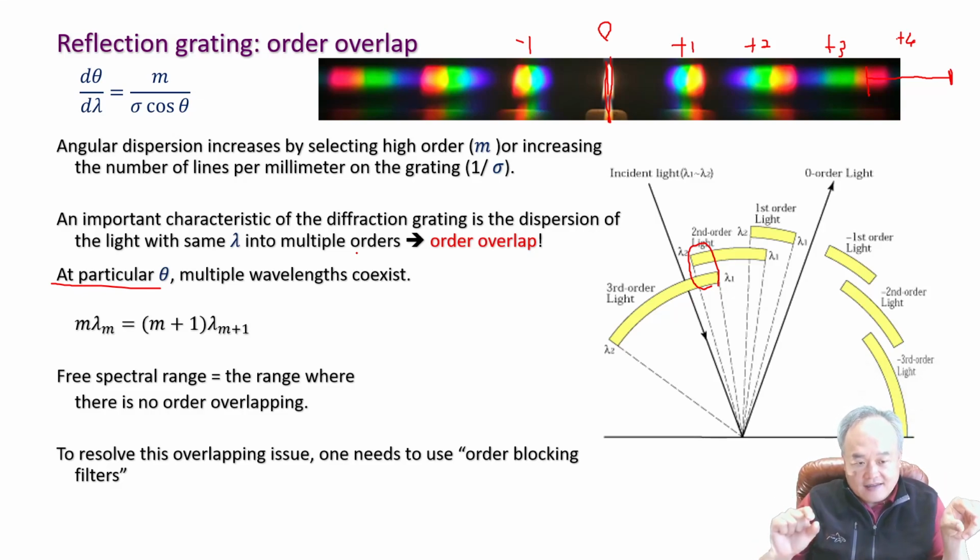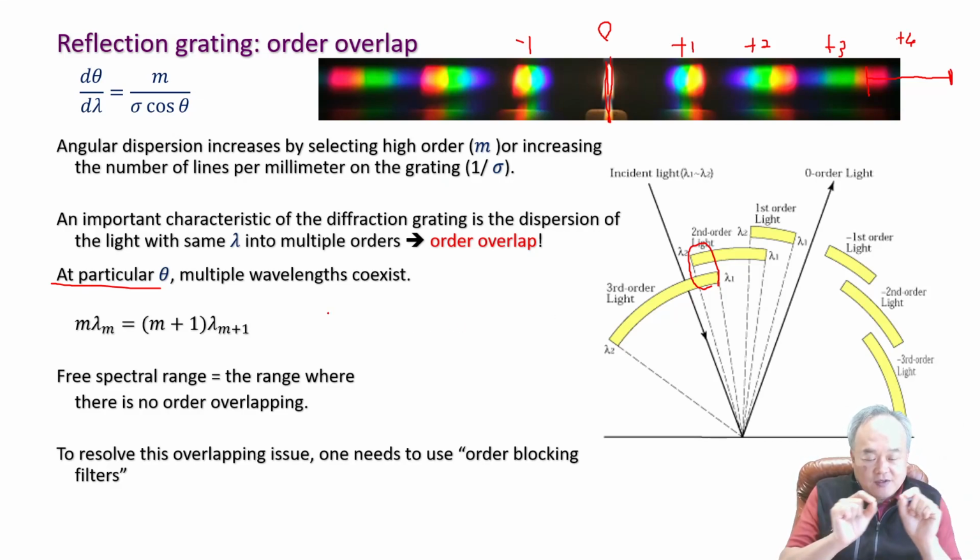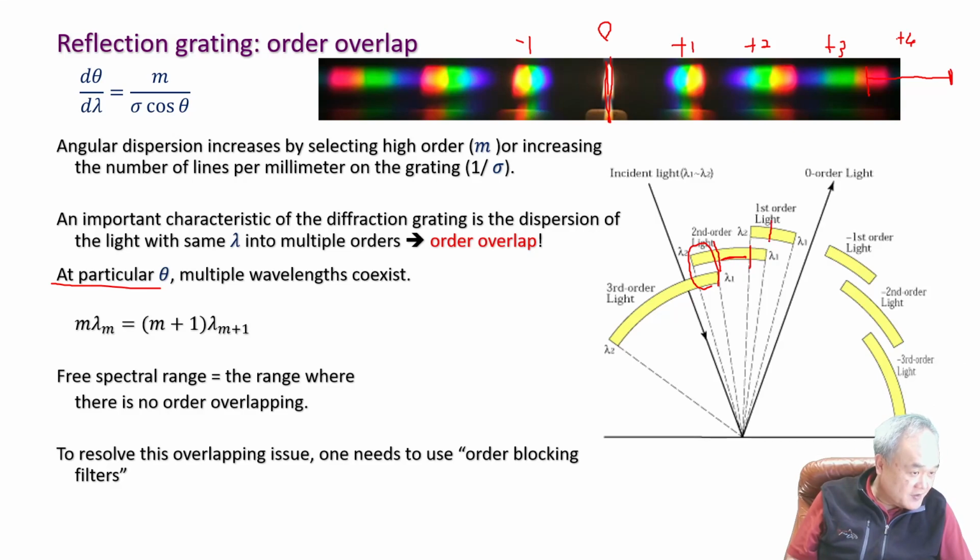So different wavelengths of light actually coexist at the same angle, meaning that different light coexists. The spectral range that is free of any order overlap, such as from here to there, has no overlapping light.